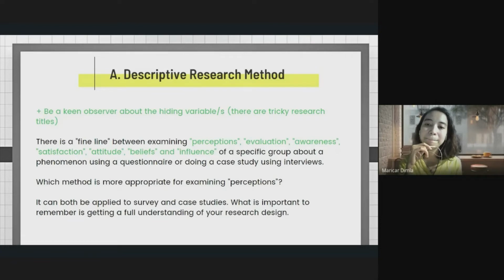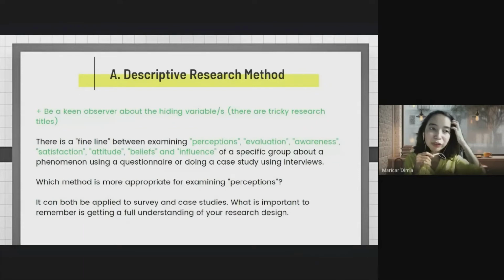Okay? You can use the same research method, pero magkaiba naman ng research design. Okay, are you getting the point here?